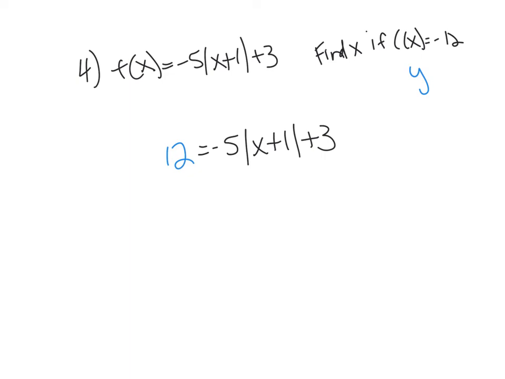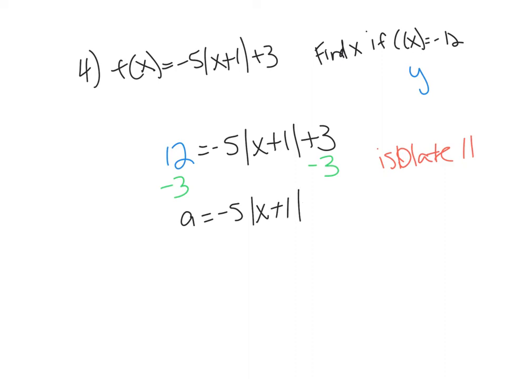And let's isolate the absolute value. So first step is to isolate the absolute value. If we isolate the absolute value, we first need to move the 3 over. Oh, and this should actually be negative 12, my bad.